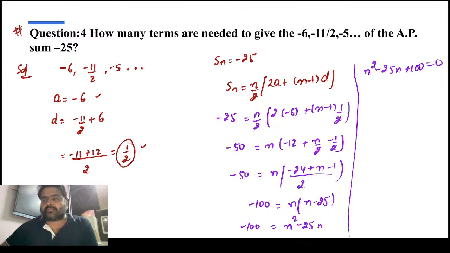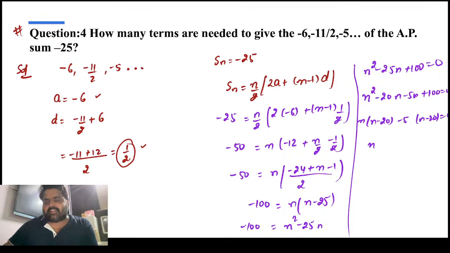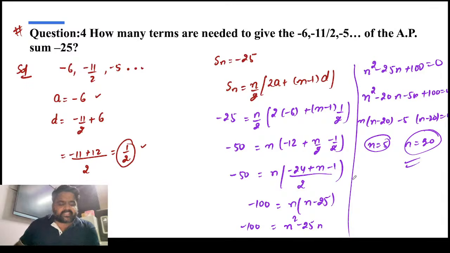Now n square minus 20n minus 5n plus 100 is equal to 0. By taking n common, n into n minus 20 minus 5 into n minus 20 is equal to 0. The value of n is equal to 5 and the value of n is equal to 20. This is the answer.